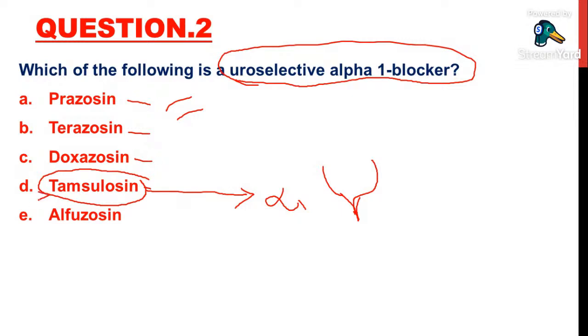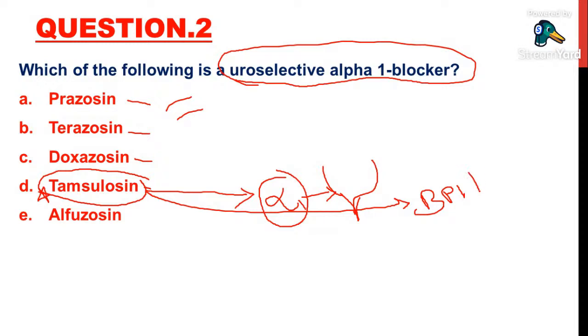Whereas tamsulosin is the only uroselective alpha 1 blocker, which will block alpha 1 receptors especially on the urinary sphincter. Because of this alpha 1 uroselective activity, tamsulosin is particularly used in benign prostatic hyperplasia.